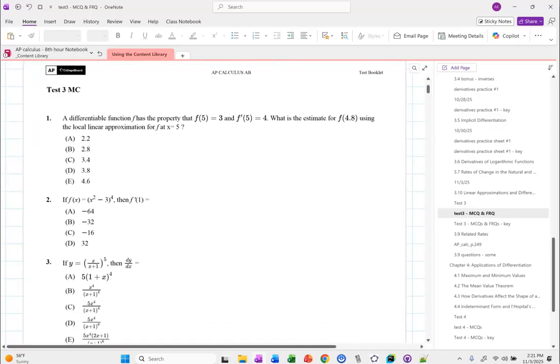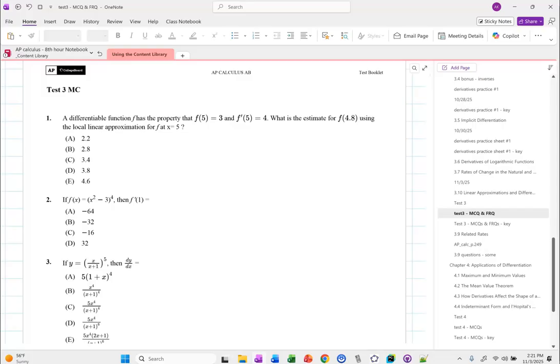This is the kind of way the AP would present asking you to make a linear approximation. So this is the verbiage they would use. This is the kind of setup they might use. It says a differentiable function f has the property that f of 5 is equal to 3 and f prime of 5 is equal to 4.